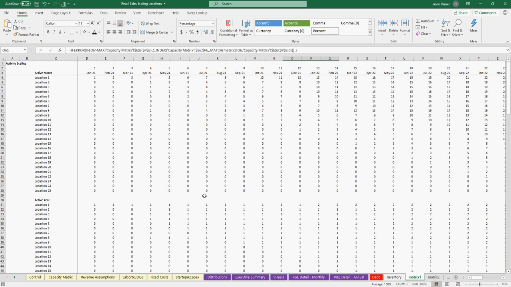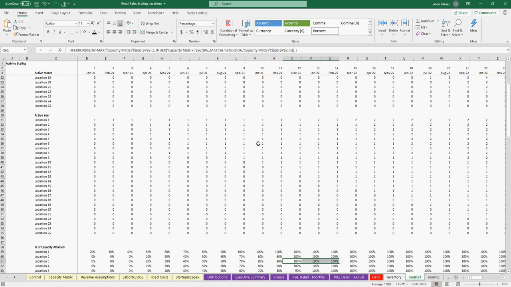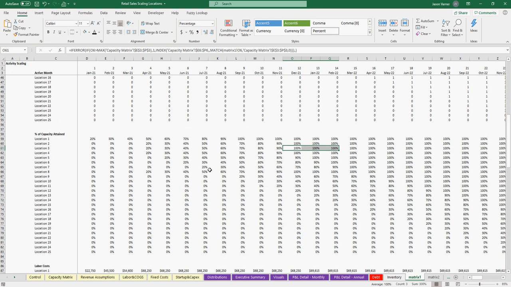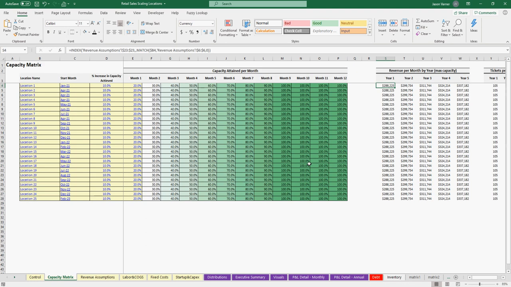So when we're trying to figure out the revenue, we look up the active year. We also look up the percentage that it should have attained. Obviously, anything over the first 12 months is going to be 100%. But if it's before that, it's going to be a percentage of whatever the values are for the first 12 months based on the max capacity in the first 12 months.